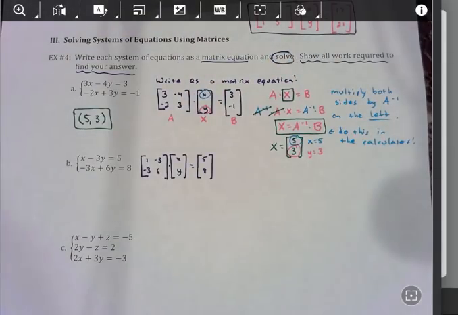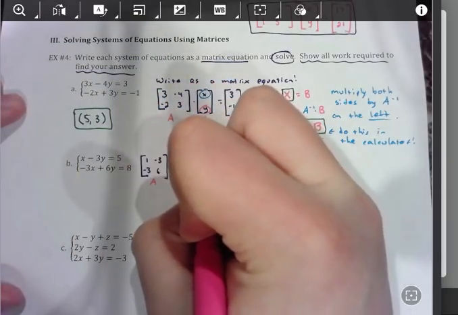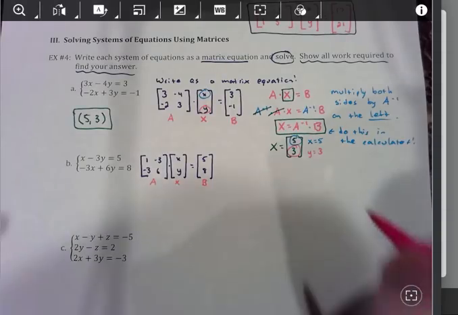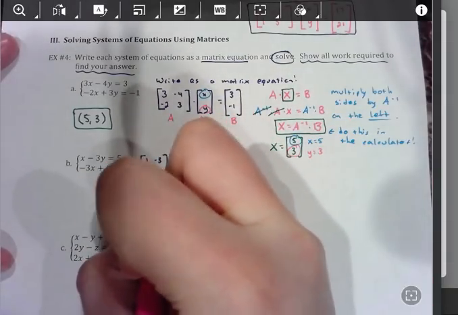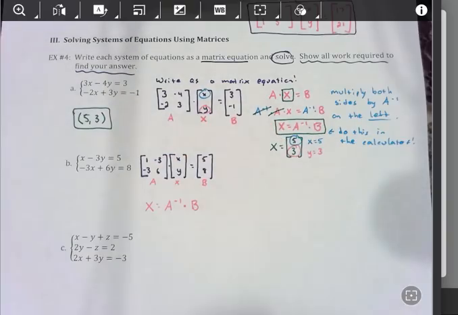I'm going to ask that you label your matrices A, X, and B. Don't get fancy, just label them the same way every time. The work that I want you to show for me is just tell me that you know that matrix X is equal to A inverse times B. That is what the work is that I need to see.